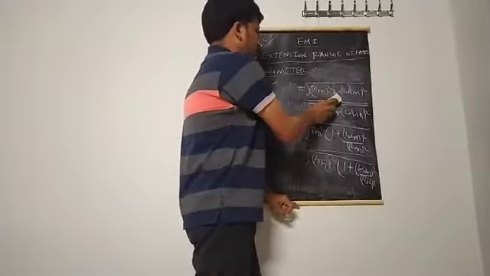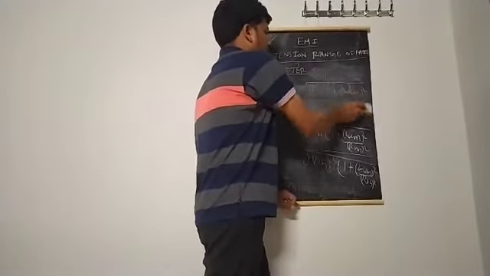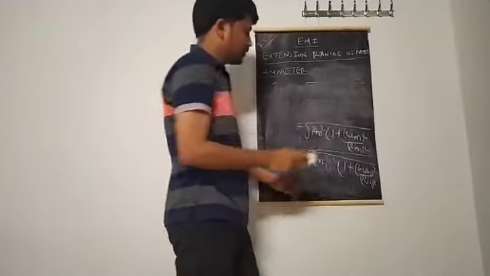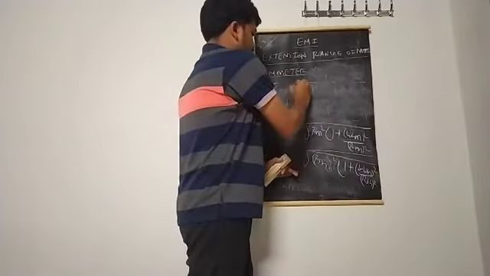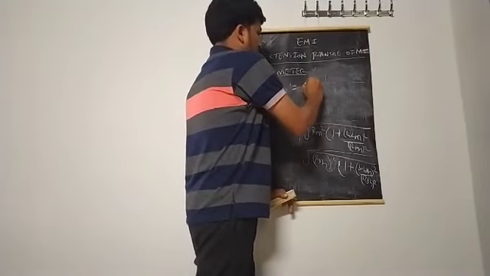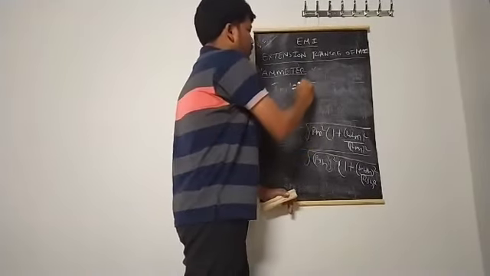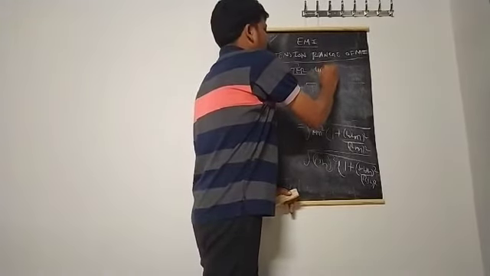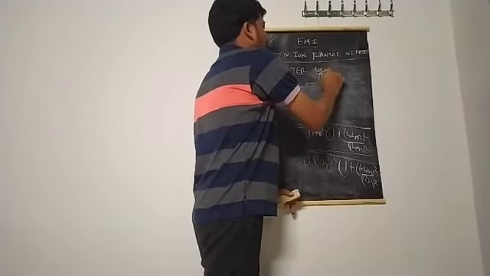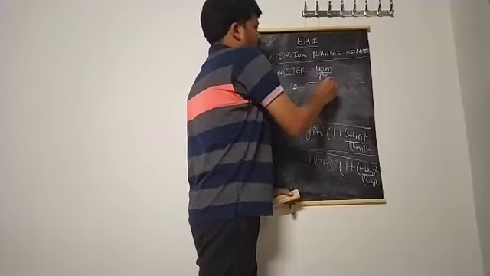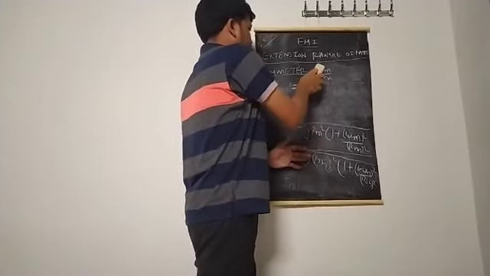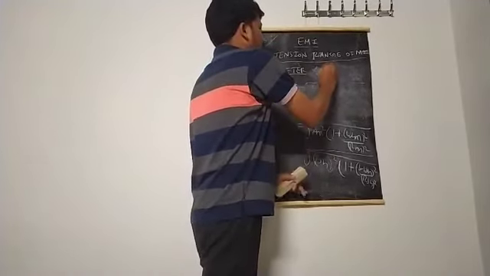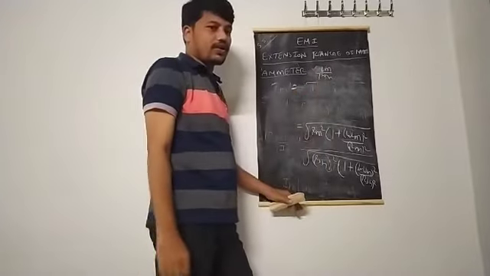So here, omega Lm by Rm, that is Lm by Rm, is L by R, which is the time constant.